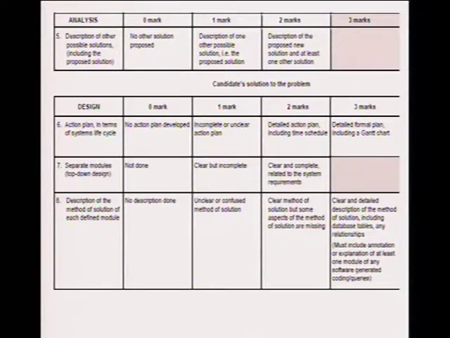Then point 5, which is the last stage of analysis, is what do you do there? You describe the possible solution. You are trying to bring in a new solution, right? You want to bring in a new solution. What solution are you trying to bring? That's what we mean by description of other possible solution, including the proposed solution.